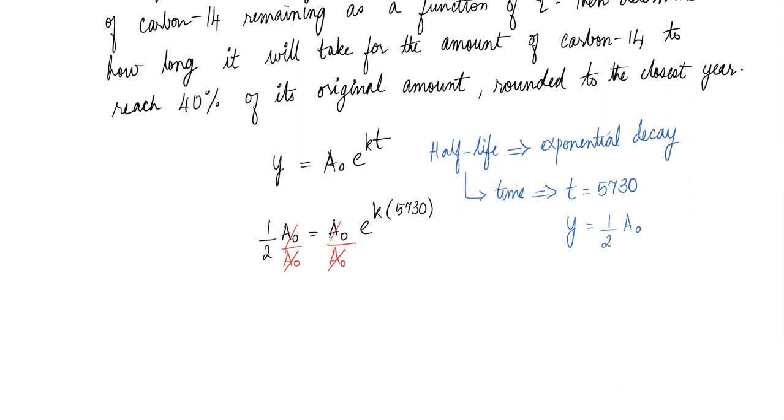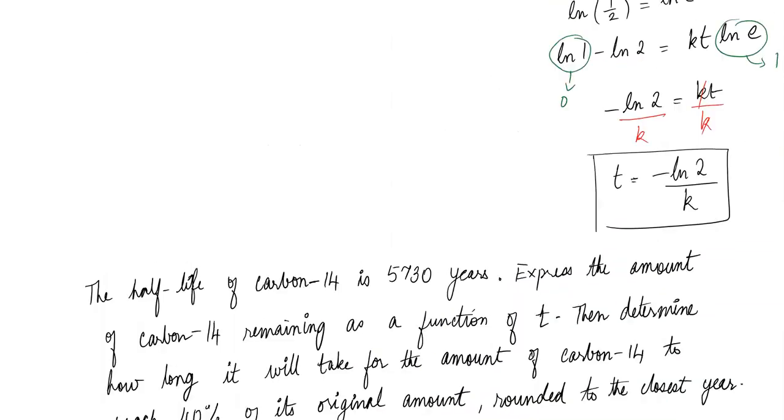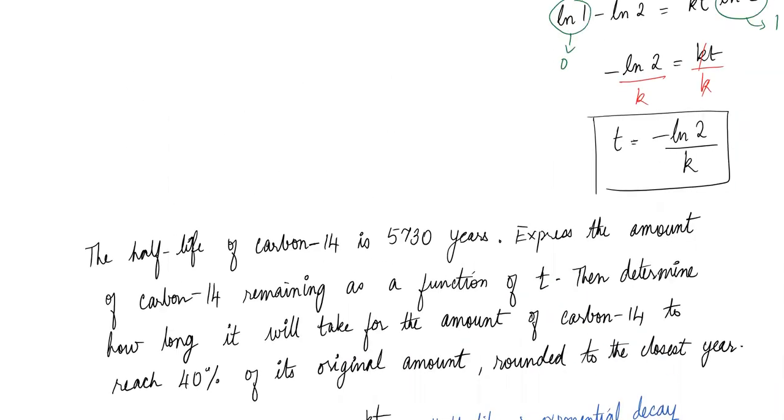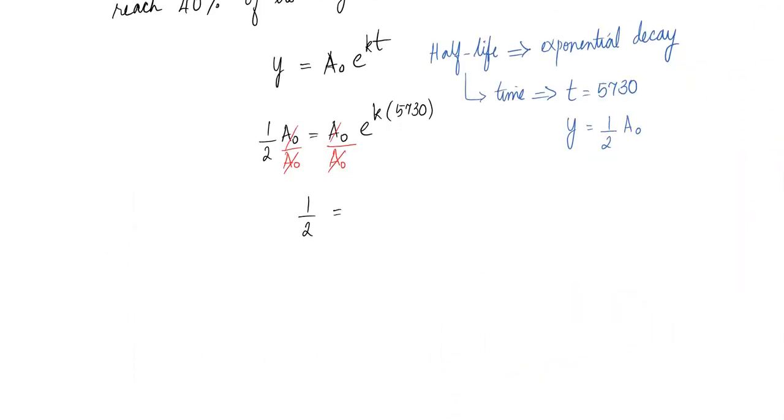I'm not using the shortcut formula, the t formula that we did here, because you could use that t formula and just switch it for k. So k will be negative ln2 over t. So you can directly do that, no problem. Just for practice, it's good to solve it when we have the time.